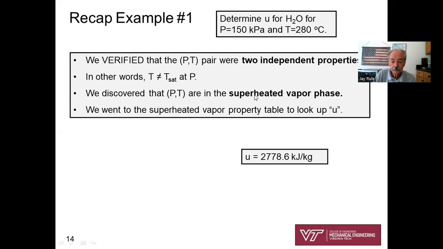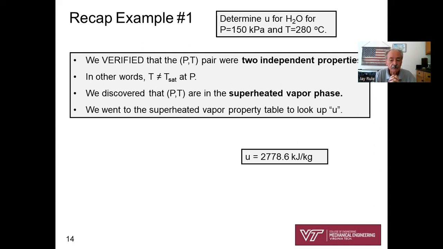So then we discovered through a little plotting work, pencil and paper, that the phase is superheated vapor. That's what enabled us to go to the superheated vapor property table to look up U and get our number. So many students will get on a call or in the classroom and say, gee professor, what table do I use?